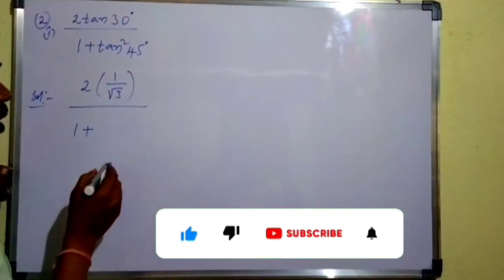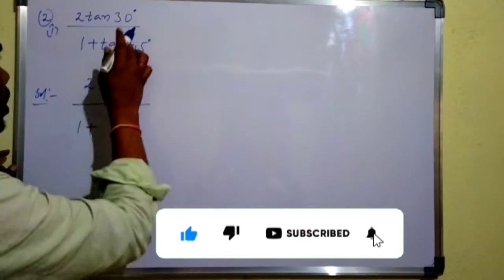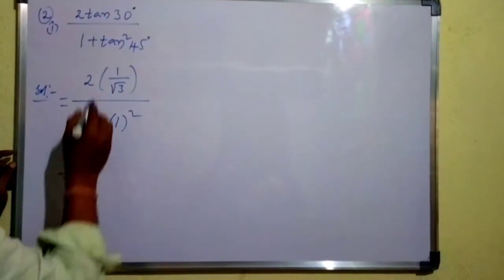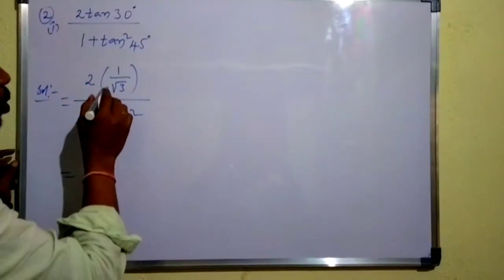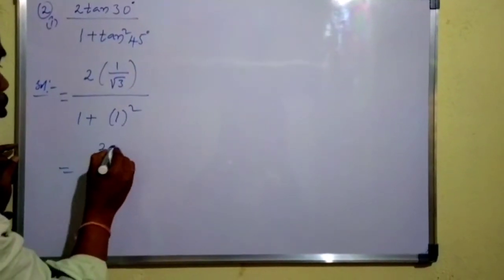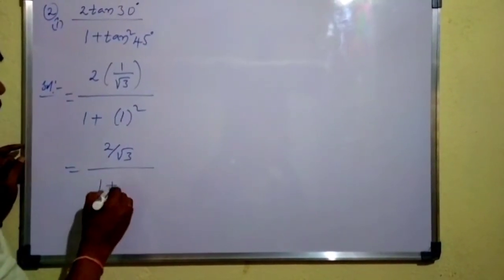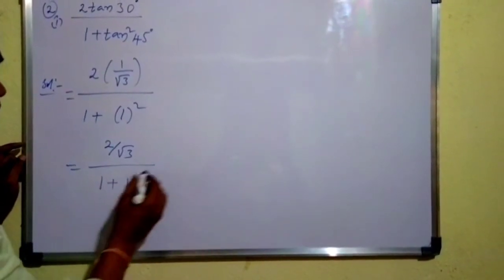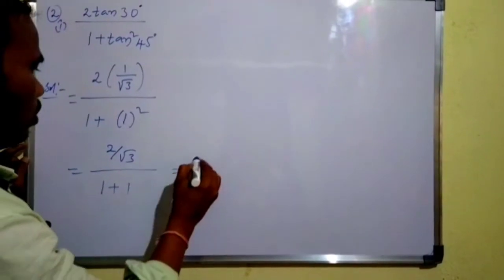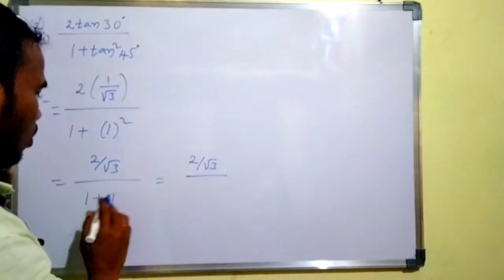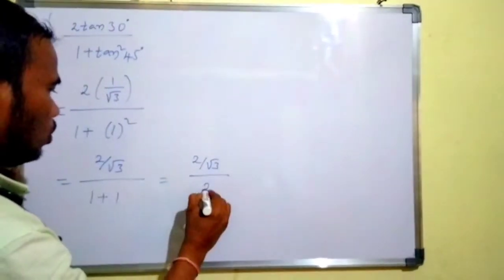Tan 45 means 1, square it. So 2 into 1 by root 3 is 2 by root 3, by 1 plus 1 square, which means 1, so 1 plus 1 is equal to 2.